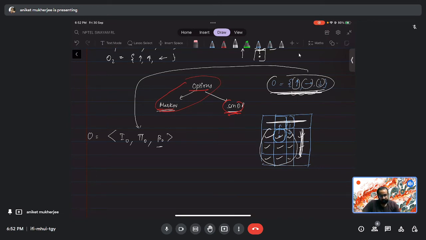So your betas could also be a distribution on the states, pointing out with what probability you'll end up in this state, and with what probability you'll end up in that state. So there is that information also. That is why we keep the beta naught: in the deterministic case, once you fix the initialization states, your beta naughts are fixed, so what is the point of giving beta naught?